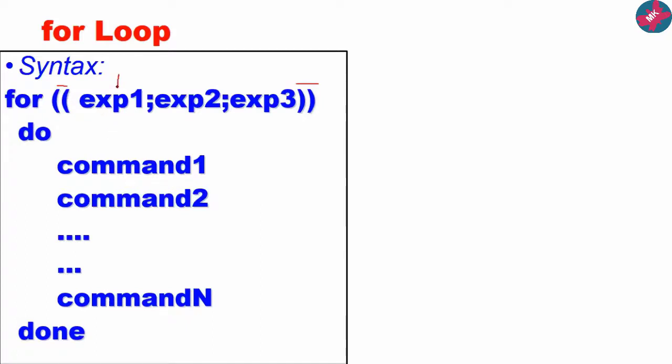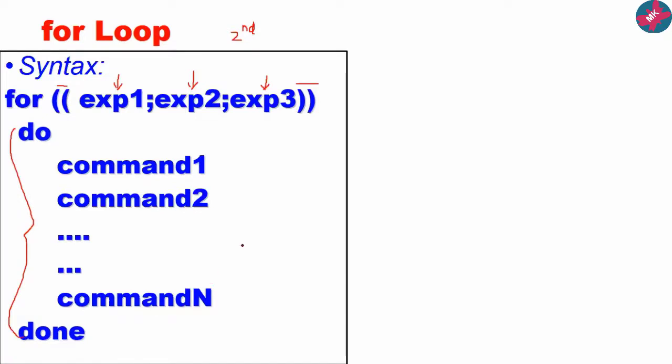Expression 1 is our usual initialization, expression 2 is our checking condition, like whether it is the end of the loop, and the third is our increment or decrement expression. So this is the second syntax for using the for loop. And again we will write the numerous command statements within the do and done.